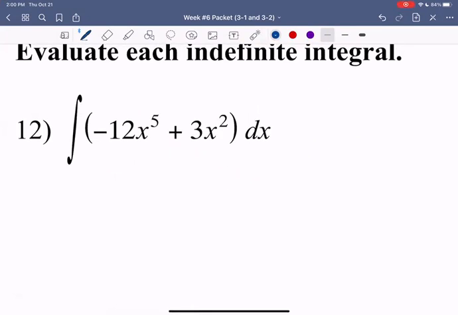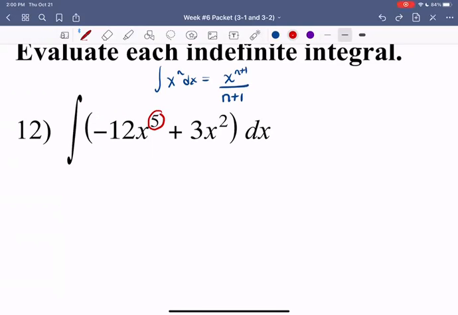Here we want to find the antiderivative of negative 12 x to the fifth. If I just had x to the n, the antiderivative would be x to the n plus 1 over n plus 1. Here I have a 5 instead of n, and I'm just multiplying by a negative 12. Multiplying by a constant doesn't change the antiderivative at all.